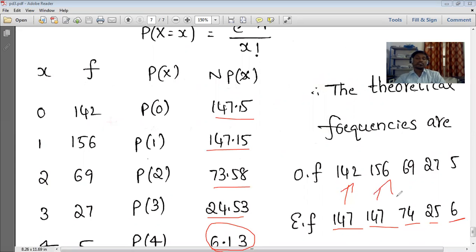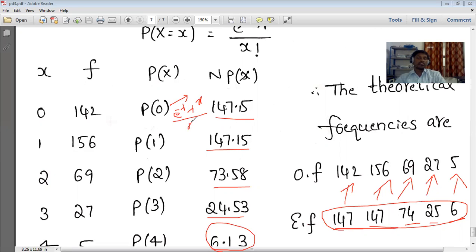Okay, but the actual frequencies are these. Observed frequencies mean what they gave in the data. So these are the observed frequencies and these are the expected frequencies. Like this we need to fit a Poisson distribution. Suppose they ask to use the recurrence relation. Then first you need to calculate P of 0 by using e power minus lambda, lambda power x by x factorial.